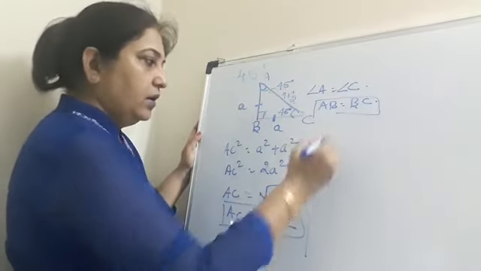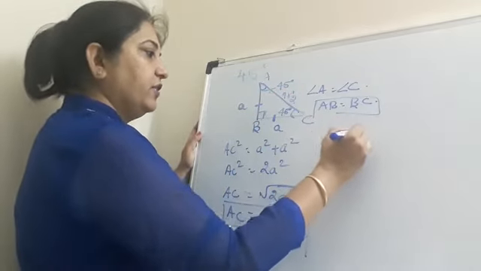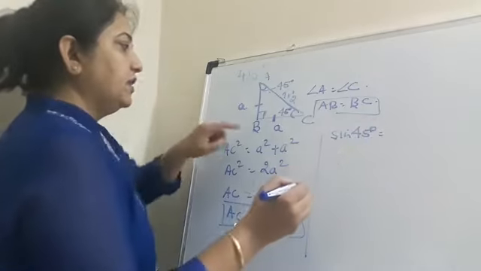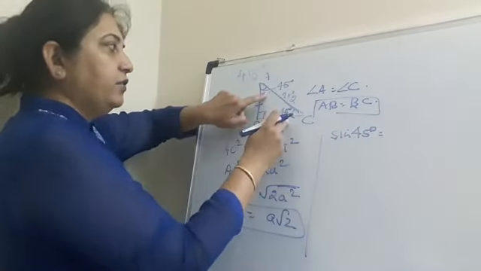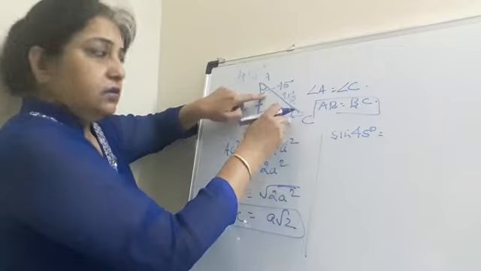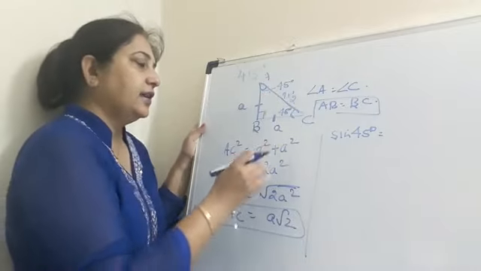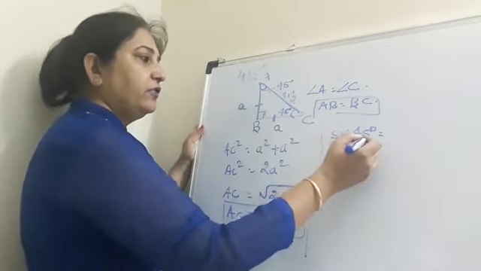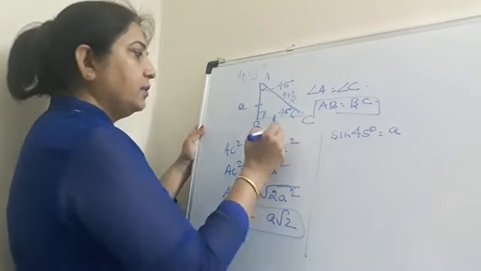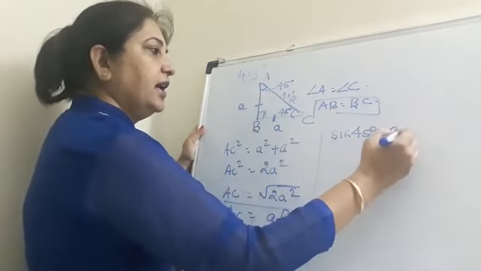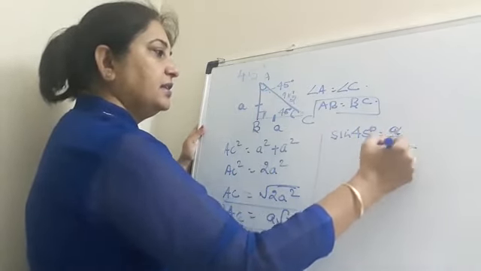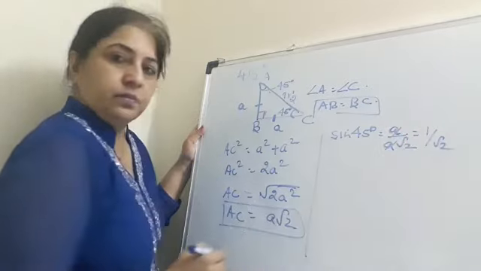Fine. Now quickly we'll do sine 45. Of any 45 you can take, either this or this, so in both the cases you will get the correct answer. Sine 45 is equal to opposite upon hypotenuse, that is A upon A root 2. We cancel this, I get 1 by root 2.